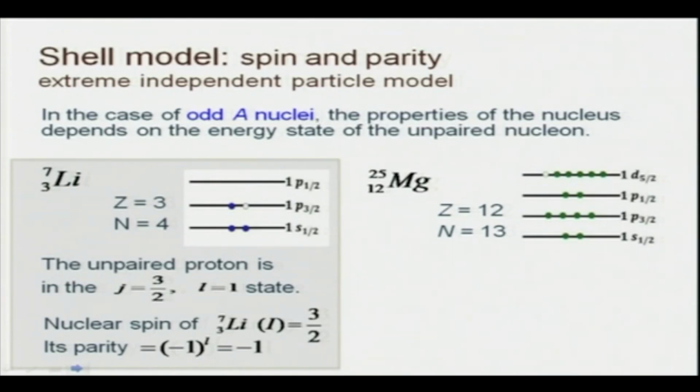When we consider the neutrons, they are 13 in number: 2 in the 1s half, 4 in the 1p 3/2, 2 in the 1p half, and the remaining 5 in the 1d 5/2.